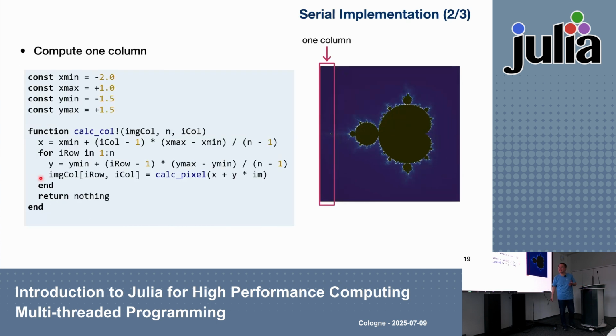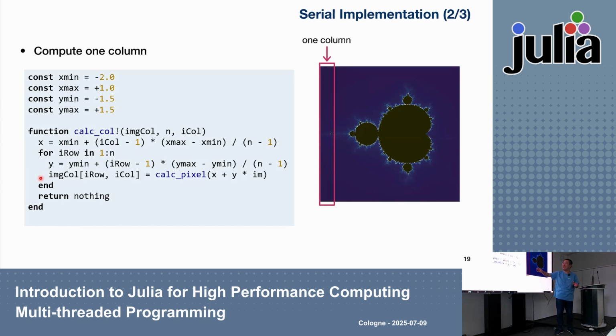The next step is, of course, to calculate one column, right? You calculate one pixel and then you calculate one column. The function to calculate one column is to first identify the x value and then go through the rows from 1 to n, where n is the dimension.